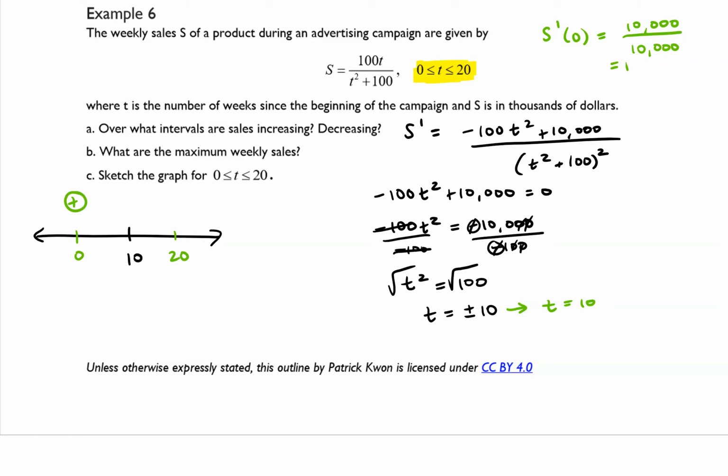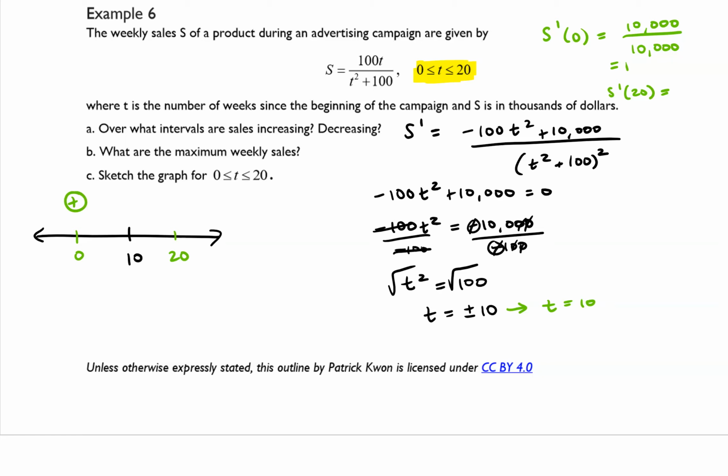And I also want to evaluate S prime of 20, and that's going to be negative 100 times 20 squared, so that's negative 40,000.